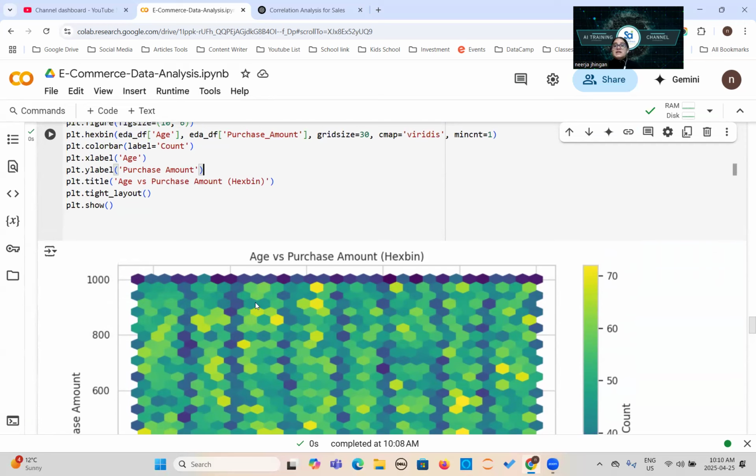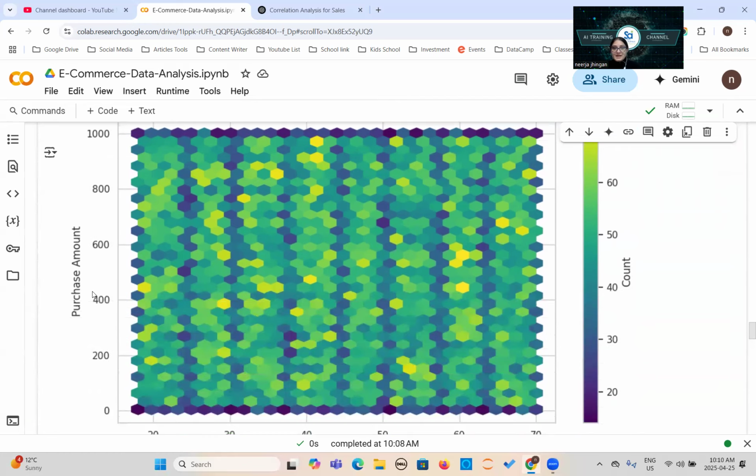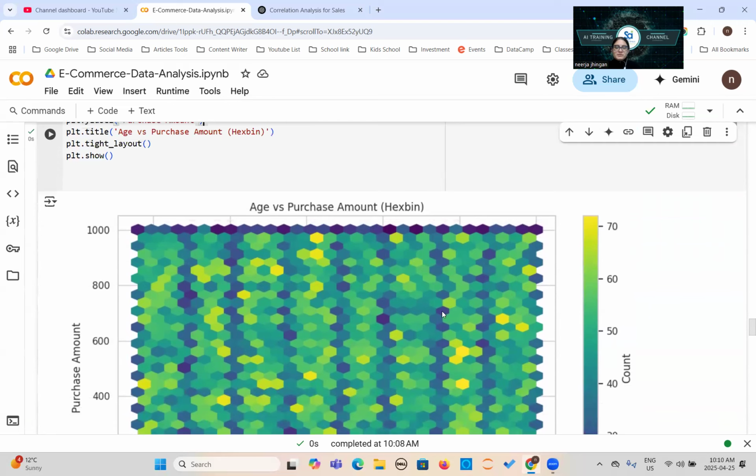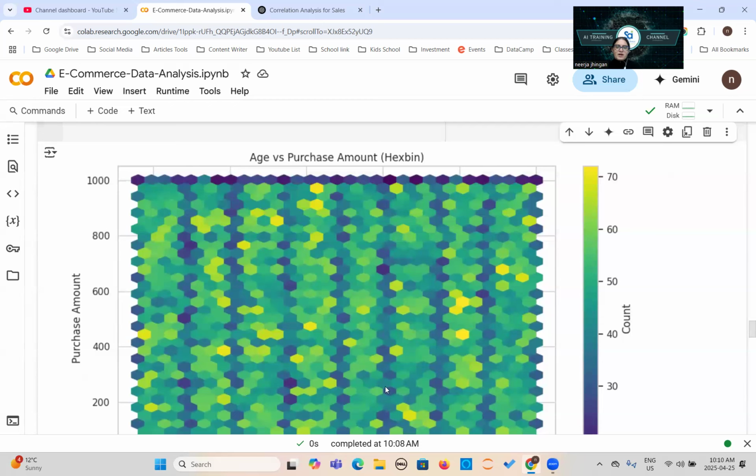This means their purchasing amount is around $1,000. And if you look at this, the age around 70, they are also near like the 1,000, but they have a more all around, right? This color. So between 400 to 600 dollar too, and between 800 to this one too. So this is going to give you the clear picture.